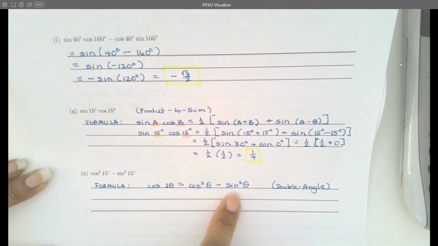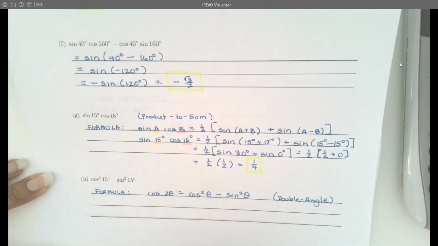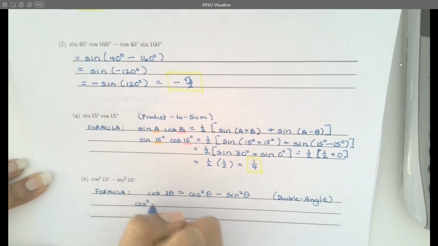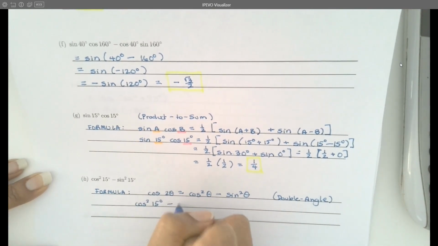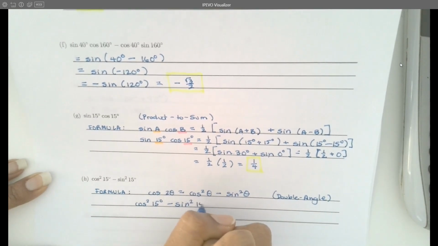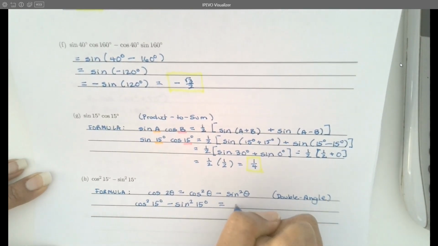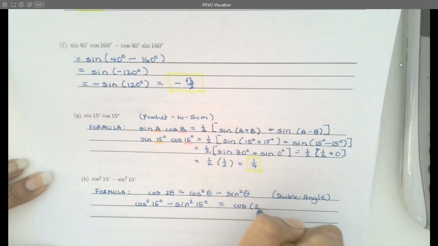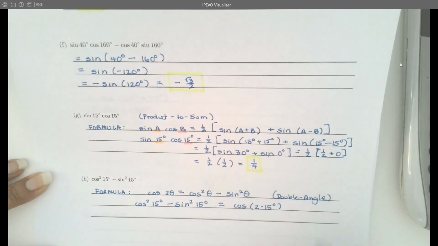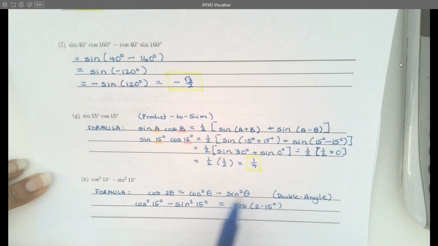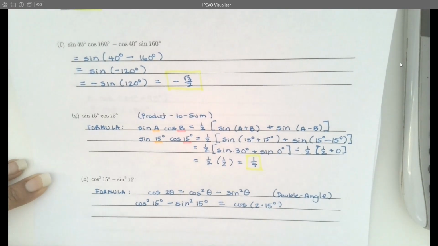Okay. Now, because these two match, I'm simply going to write this as cosine squared of 15 degrees minus sine squared of 15 degrees. That is going to equal cosine of 2 times 15 degrees. Right, I'm replacing everywhere there's a theta with 15 because these agree.